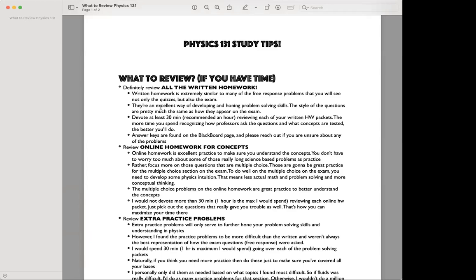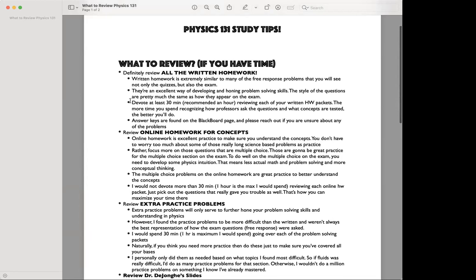And they're really good source material for honing your problem solving skills and making sure you understand how to apply concepts and turn them into calculations and equations. I would devote at least 30 minutes to an hour reviewing written homework for exams.